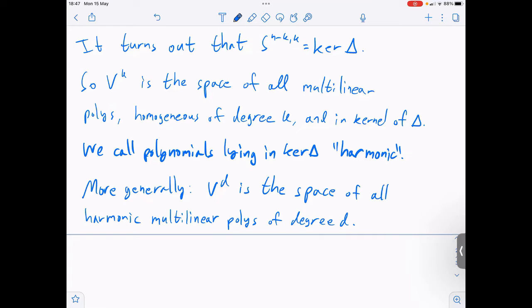Okay, and this is what I think of as an explicit description of all the eigenspaces of the Johnson and Kneser graphs.